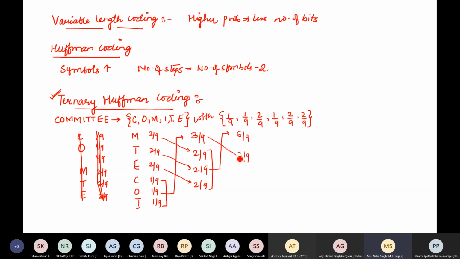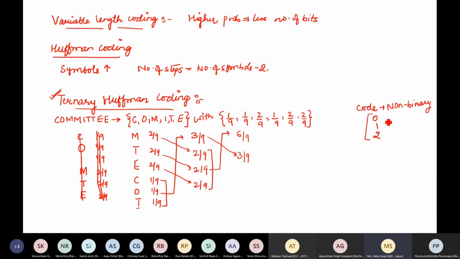Now, when I am combining three probabilities together, I will have the code defined as non-binary also. Initially I could only have the two cases, 0 or 1. Now, since at every step I need to differentiate between three probabilities or three symbols, I need to have a ternary code.